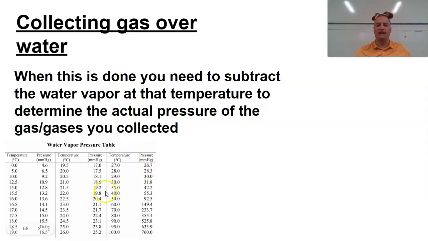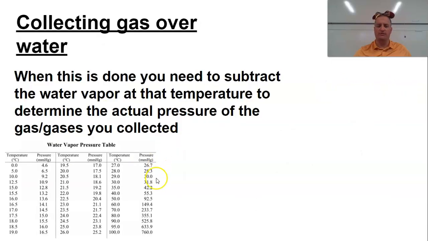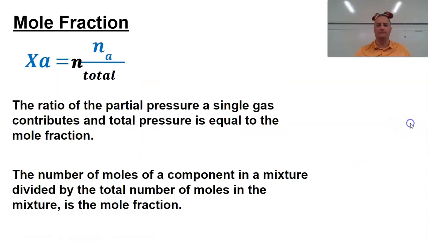You have to subtract out the amount for the water vapor pressure because, like I said, if you measure the pressure of the container to be 1.2 atmospheres, one of those pressures is water vapor. Depending upon the temperature, it can be quite significant. This one's given in millimeters of mercury, but it's one that you want to subtract out to not account for the pressure of the water.